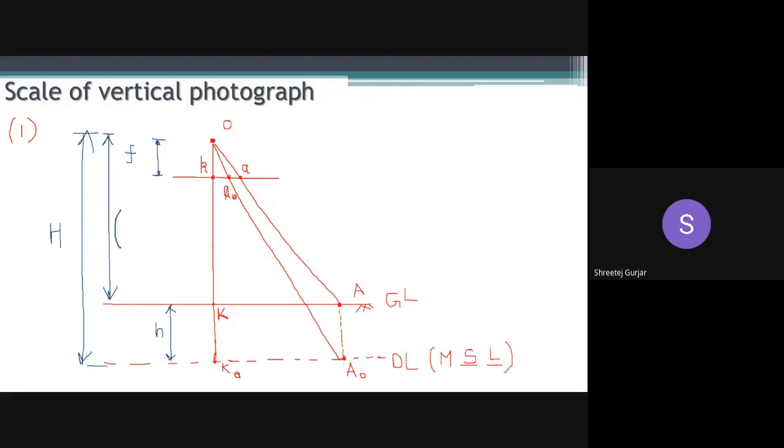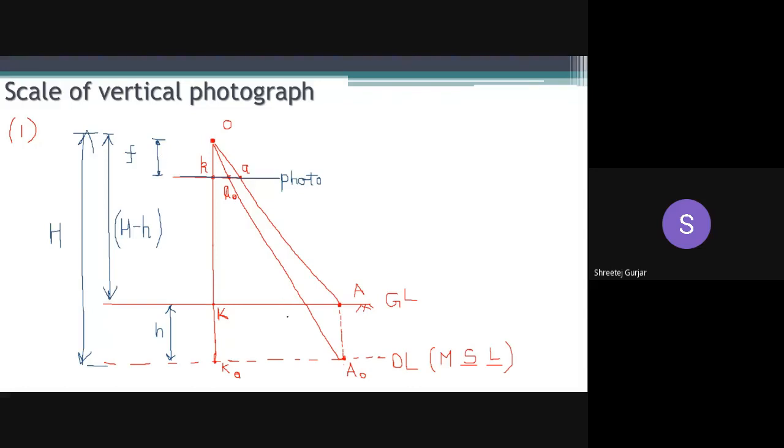Can you tell me the height in terms of H and small h? Capital H minus small h. Okay, done.